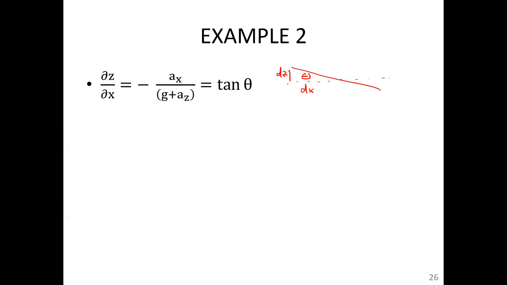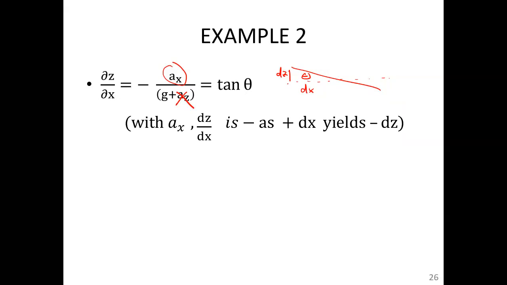We know theta is 10 degrees. It's actually minus 10 degrees because we have ax in the positive x direction. We're trying to solve for this. There is no az. We're asking what horizontal acceleration is necessary to create this condition. We know theta, and therefore tan theta is dz dx. So there's only one unknown in this equation, ax. We know the acceleration due to gravity.